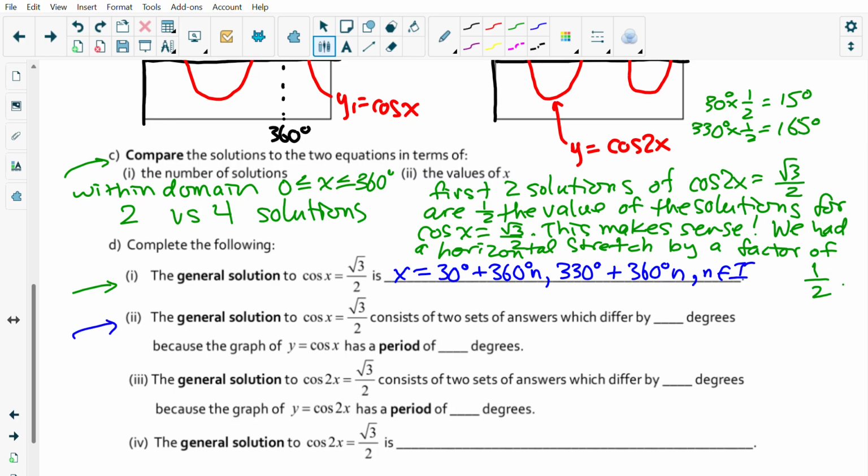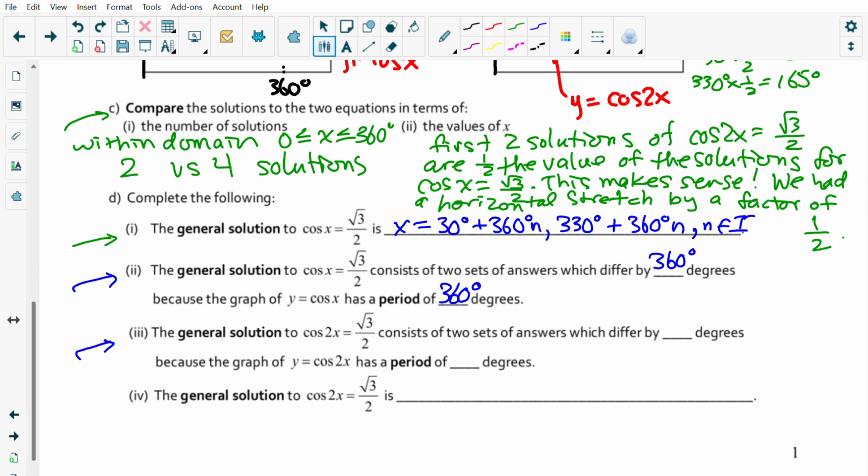The general solution consists of two sets of answers which differ by 360 degrees, because the graph of y equals cosine of x has a period of 360 degrees.